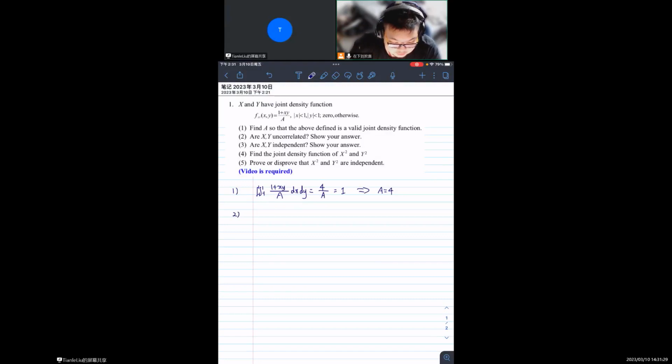For question 2, we need to find whether X and Y are uncorrelated. Based on the clues, we can first calculate the expected value of XY, using this formula.